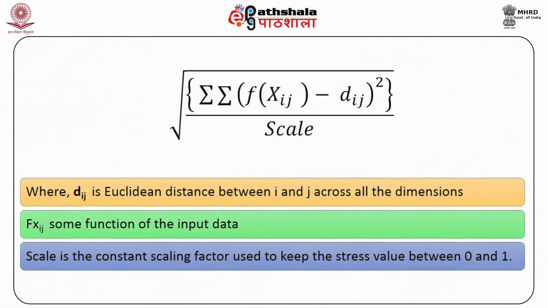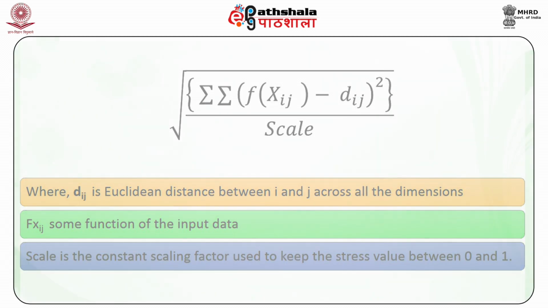The process makes use of monotonic regression, also known as isotonic regression, and the stress can be found using the formula that is given: square root of sum of (f(xij) minus dij) whole squared upon the scale, where dij is the Euclidean distance between i and j across all the dimensions, and f(xij) is some function of the input data. The scale is the constant scaling factor used to keep the stress value between 0 and 1.